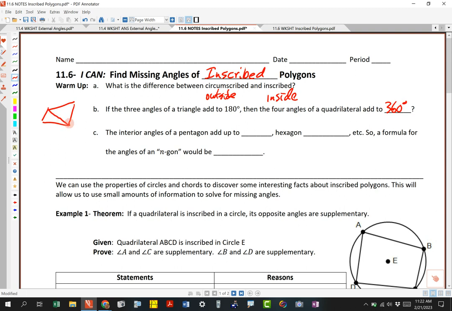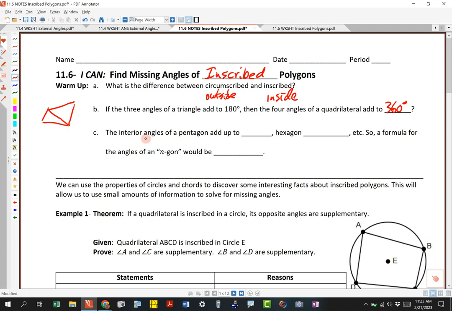So if I were to take that ugly looking quadrilateral and just draw a diagonal and break it into two, the upper one is a triangle, the lower one is a triangle, and each one of those have 180 degrees between them. So if we take this angle here and that angle right there, adding those two pieces together, if I add up all those angles, I'm going to get 360 degrees altogether.